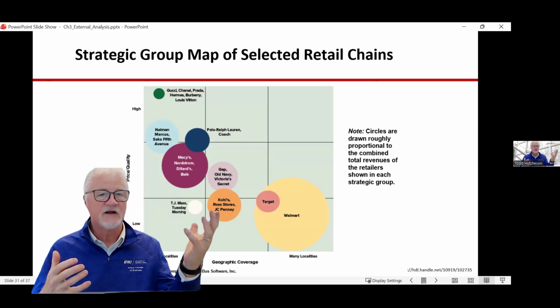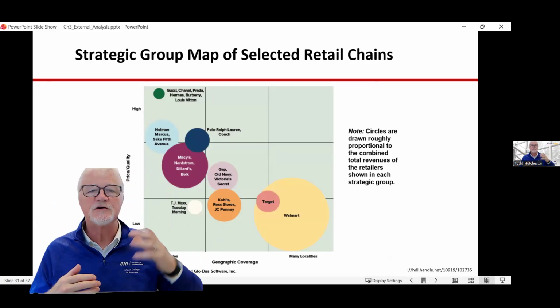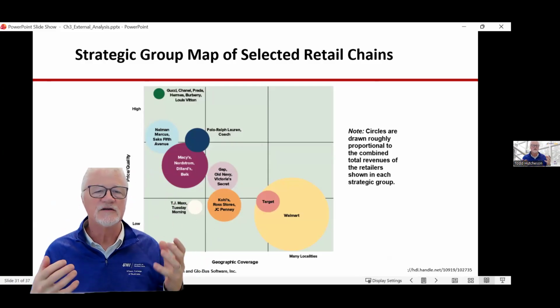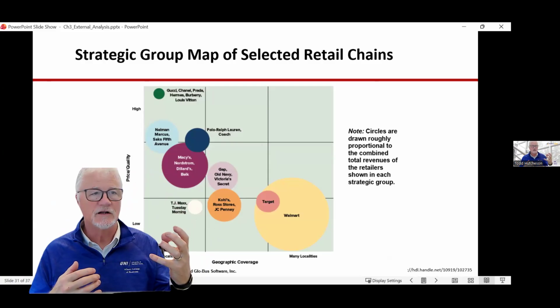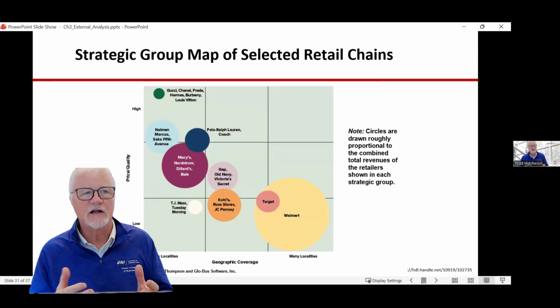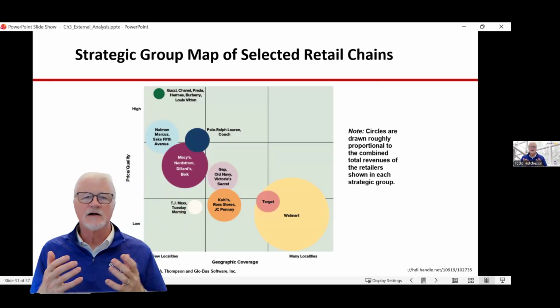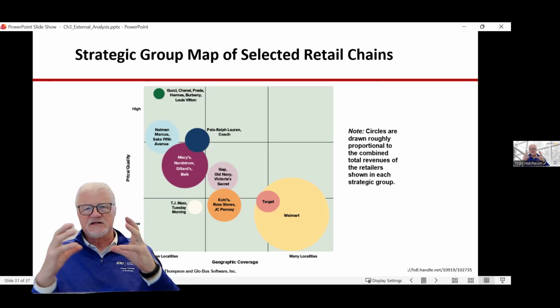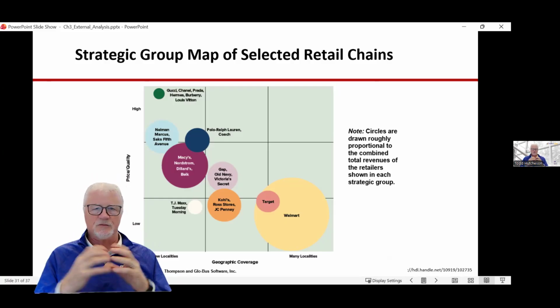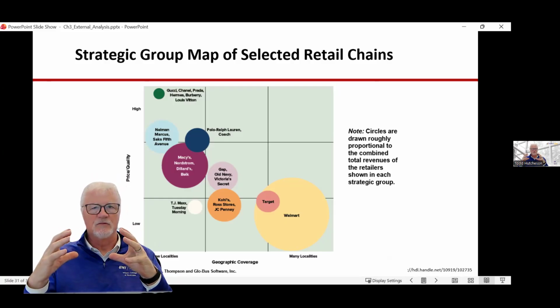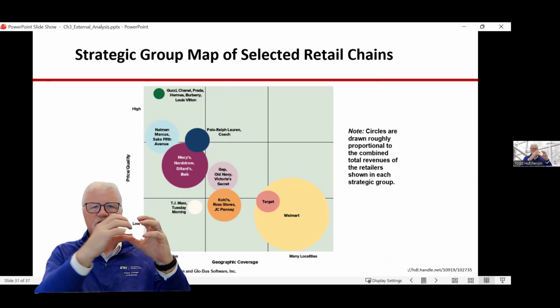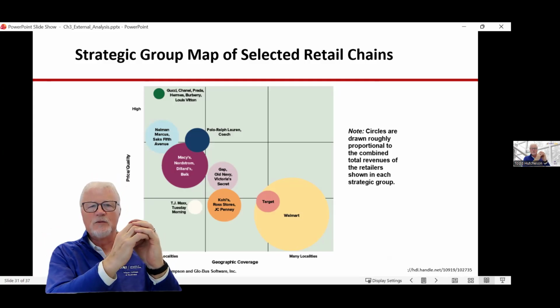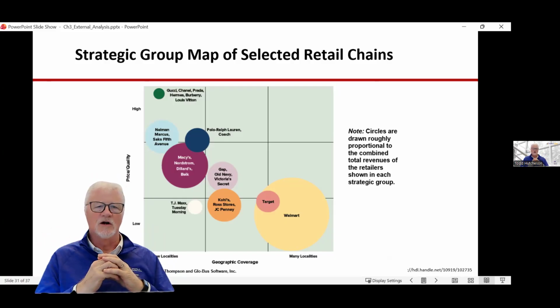Then in the upper left-hand corner, very different: Gucci, Chanel, Burberry, Louis Vuitton, with high price and quality expectations, but very few localities. You don't see a Gucci store in every town; you see it in very select locations. And you can see by the size of the bubble the overall revenue of the market they're addressing. So Walmart's is a much larger market than Gucci's. Relatively fewer people are in that market than in the Walmart market.